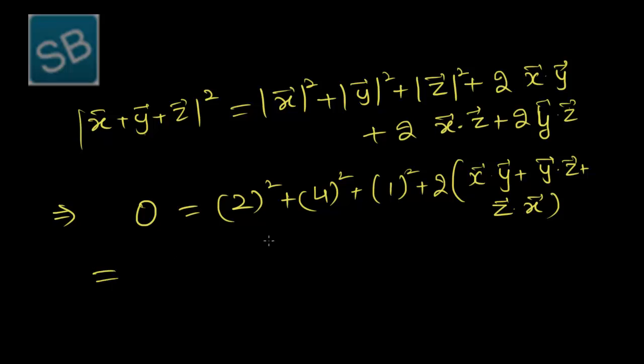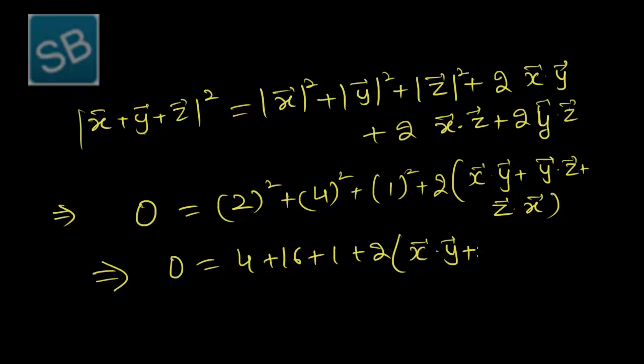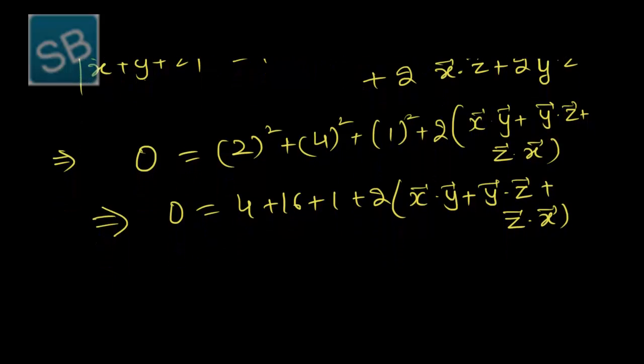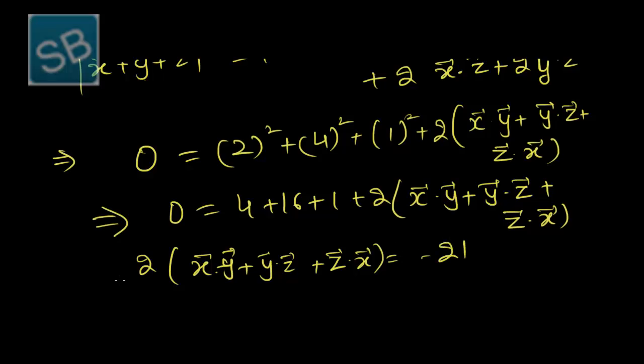So we get 0 is equal to 4 plus 16 plus 1 plus 2 times vector x dot y plus y dot z plus z dot x. So we get 21. 21 will go to the left hand side, so x dot y, y dot z, z dot x is equal to minus 21.